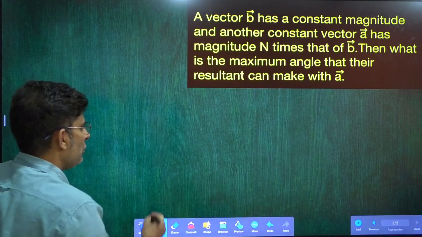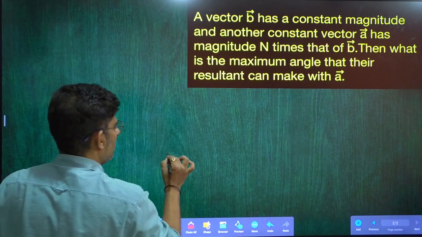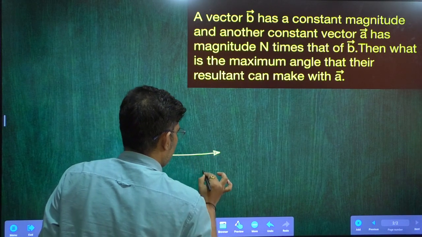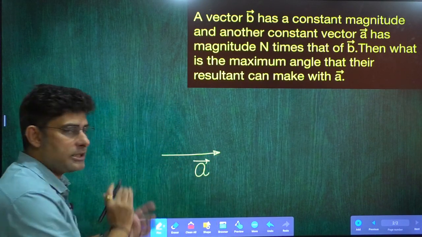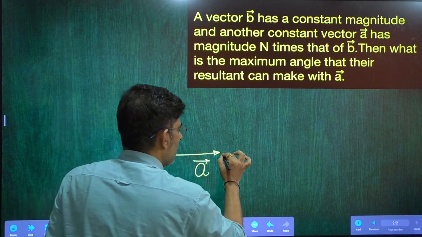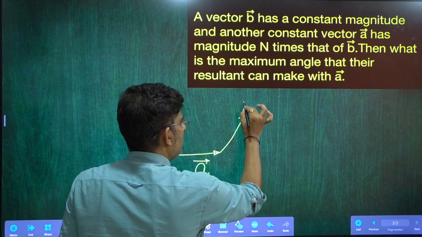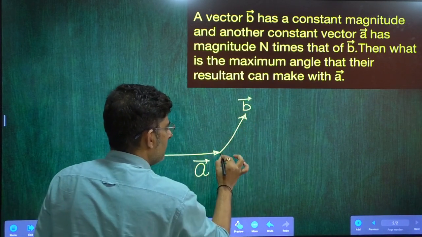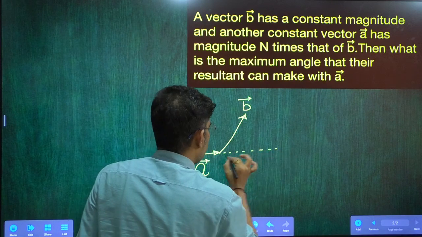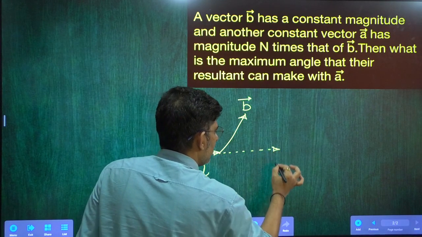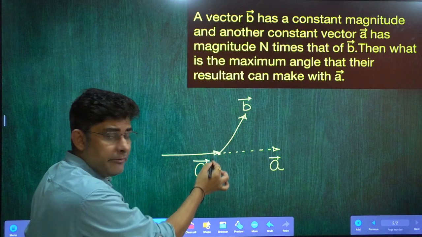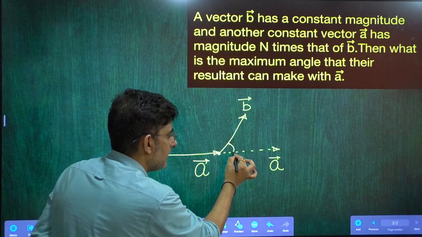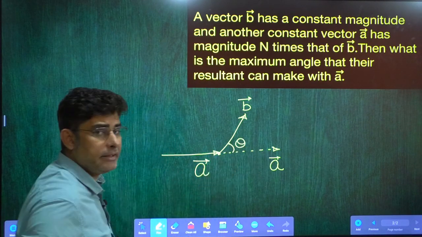So usually what we do when we solve such questions, say this is A vector whose magnitude is given as constant and direction also is constant. Now there is another vector, let's call it B vector, and we can produce the vector A so that when the tails of A vector and B vector are joined, this becomes the angle between the vectors, which we can take as theta.